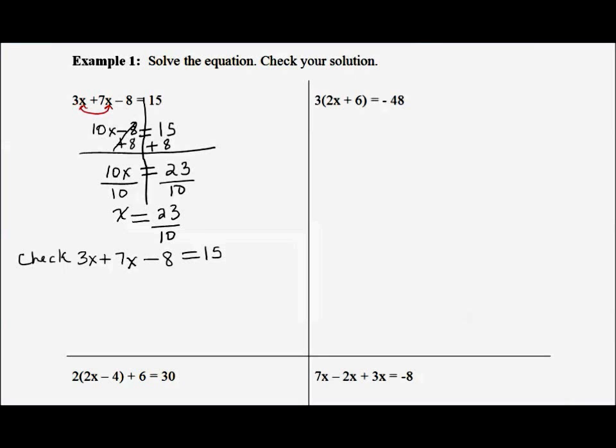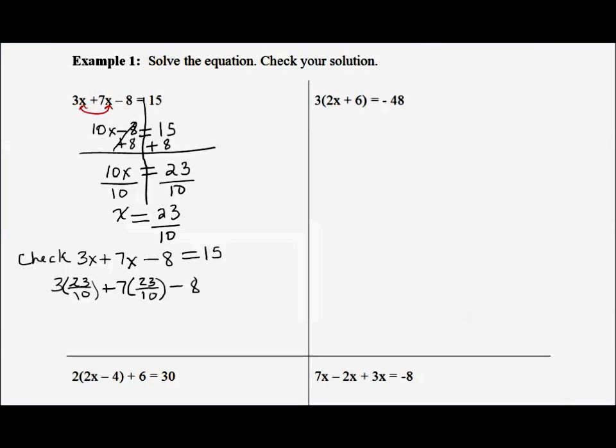So I'm going to substitute 23 over 10 into the equation where the x value is. So this would be 23 over 10 plus 7 times 23 over 10 minus 8.